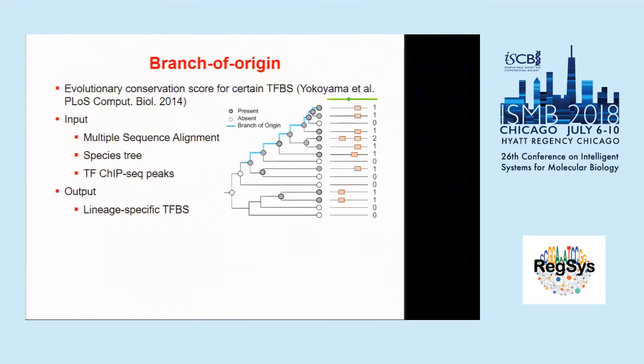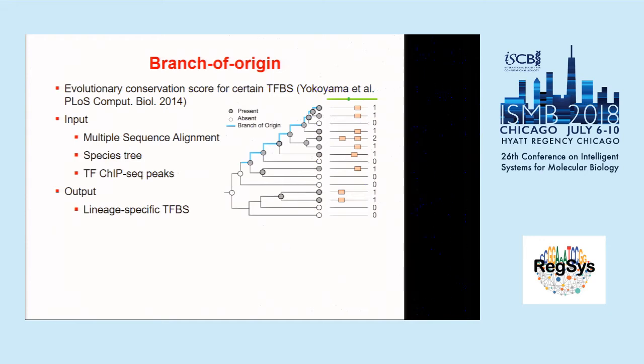Now I'll introduce one of the most important features we use here, called branch of origin. This model is developed to quantify TF binding site conservation by taking turnover events into account. It assigns the emergence of a lineage-specific TF binding site in the human genome to a particular branch in the mammalian phylogeny.